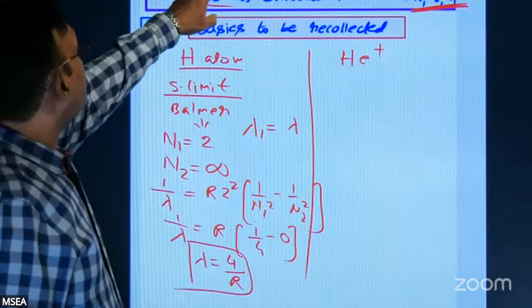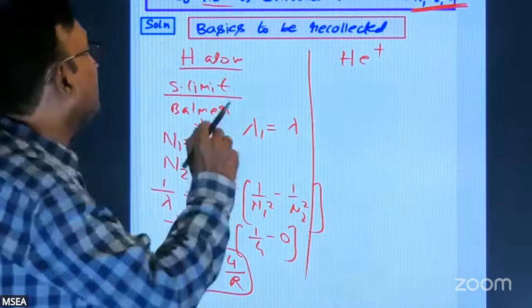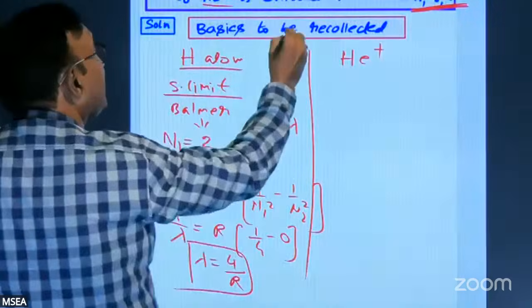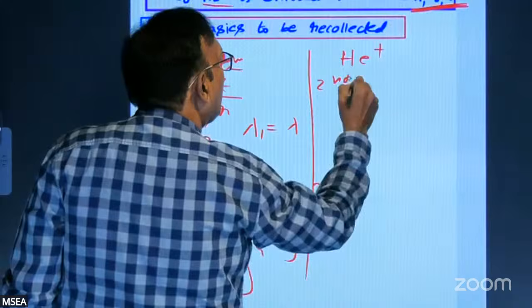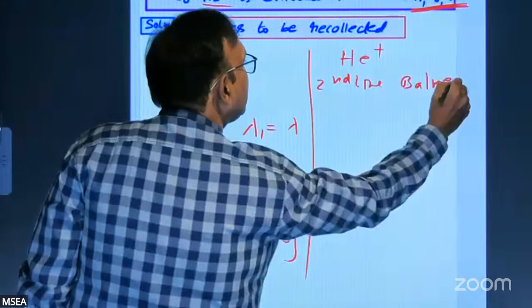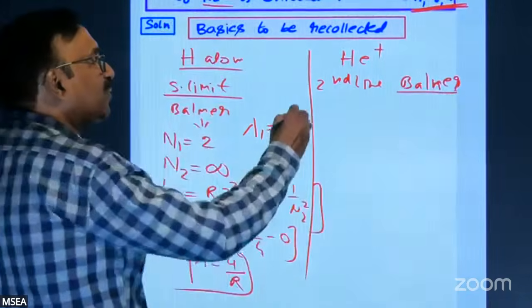Now we want to know not the wavelength. The question is being slightly modified. Find the frequency of photon emitted by the second line of Brackett series. This is the second line of the series.